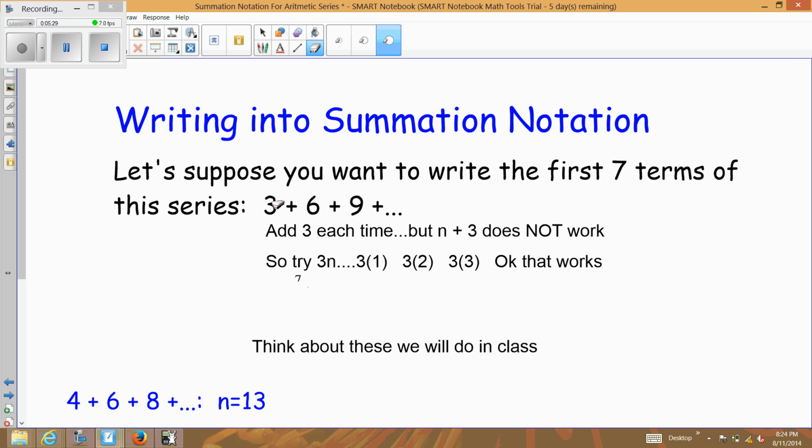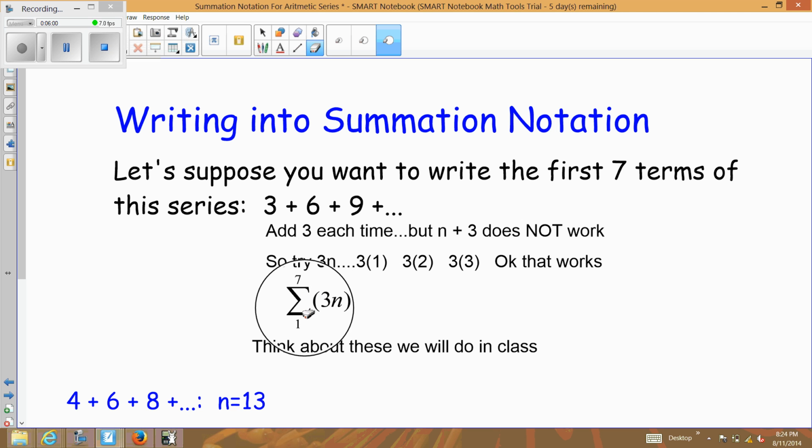Because if I do the first term plus 3, I get 4, it doesn't work. So you try again. You try 3 times n. So 3 times the first term, which is 1, does give you 3. 3 times 2, the second term, does give you 6. 3 times 3 gives you 9. Okay, that works.